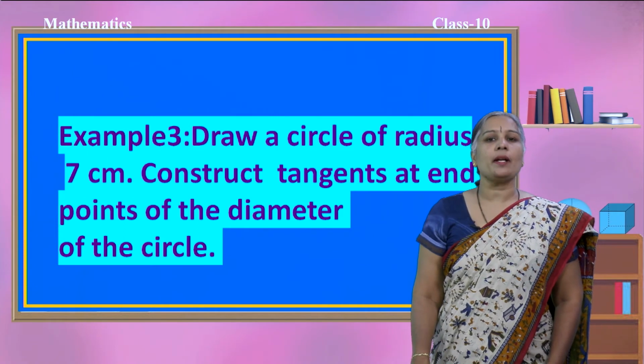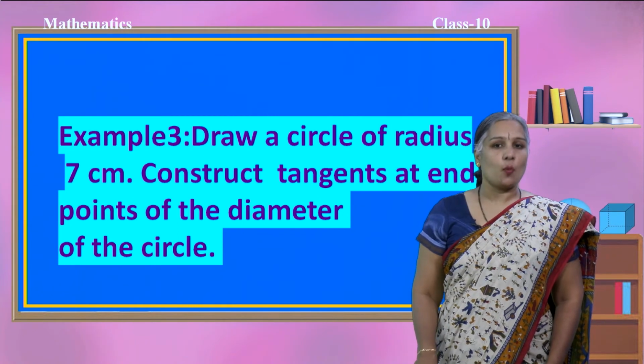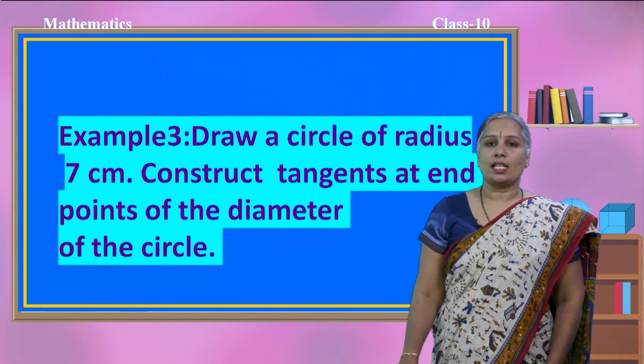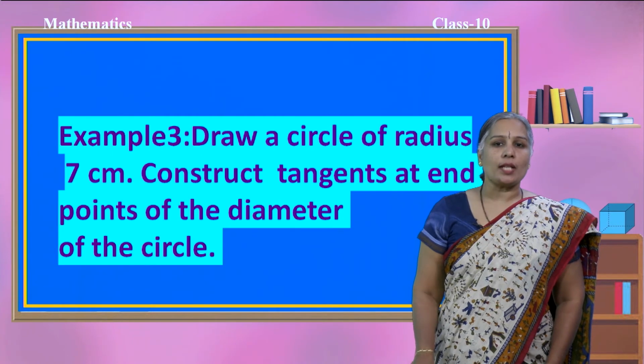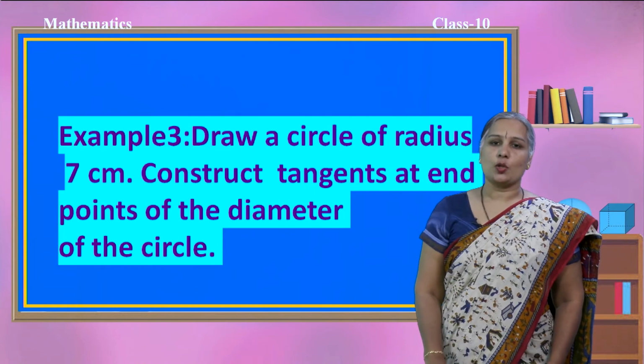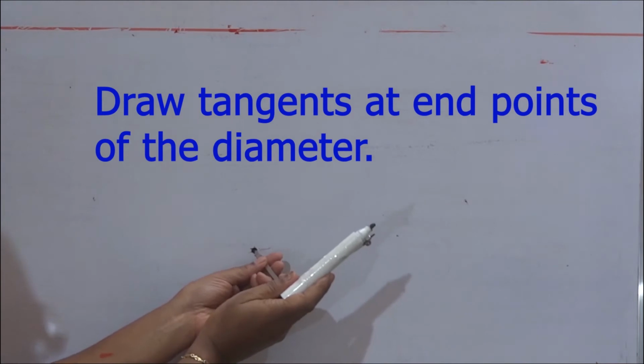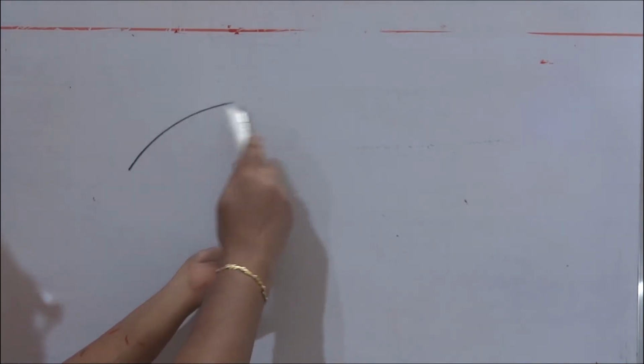Diameter is nothing but the largest chord. 2 radii will make 1 diameter. Next work is to create 2 tangents at end points of the diameter. Let us do that. To do this construction, draw a circle of radius 7 cm.